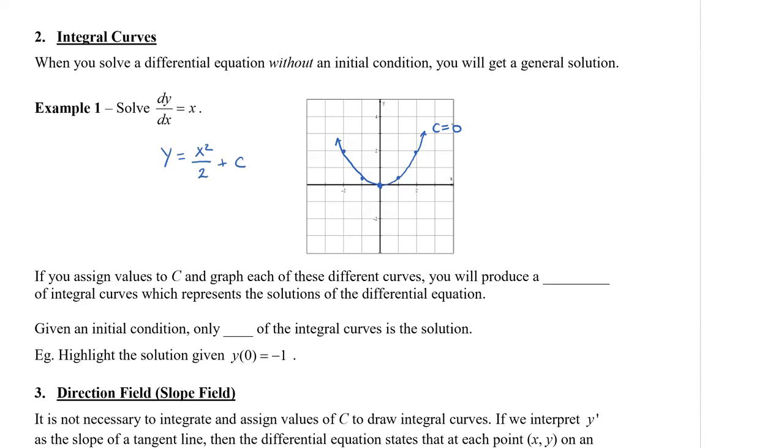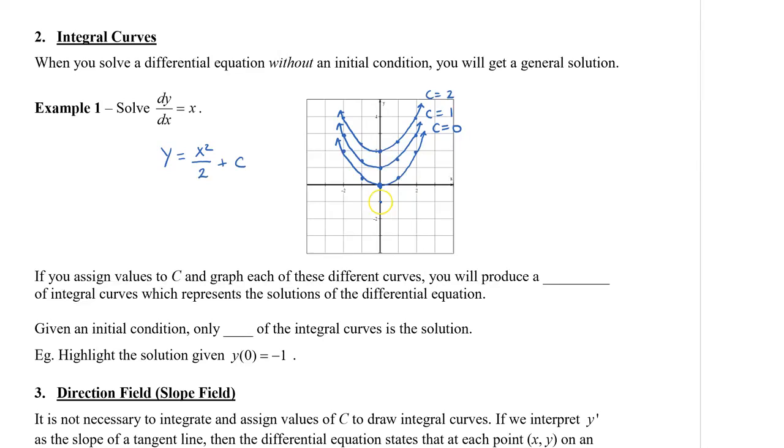But we can say that c is equal to 1, and we would get a graph that looks like this. And we can say that c is equal to 2, and we get a graph that looks like this, and so on. So the c gives us a vertical displacement of our parabola here.